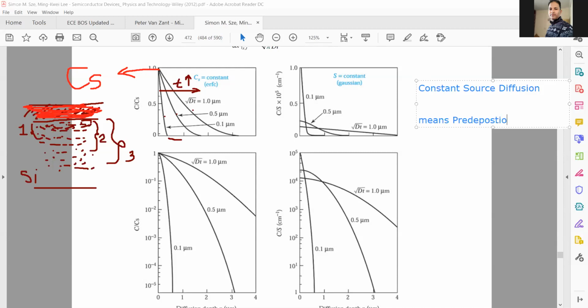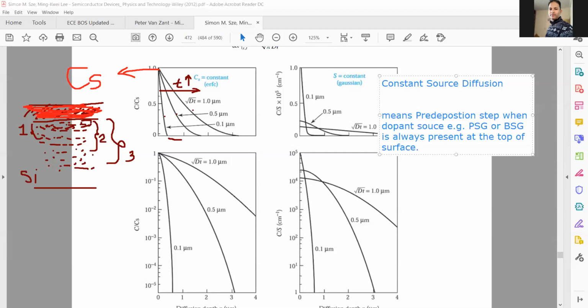This is like the pre-deposition step, when the dopant source, for example PSG or BSG, is always present at the top of the surface.